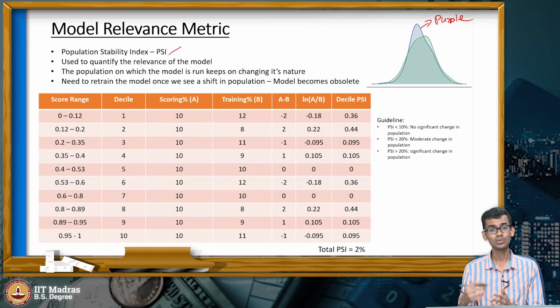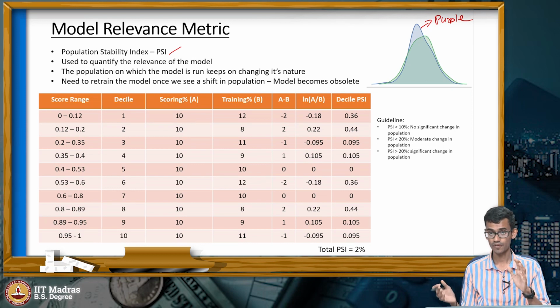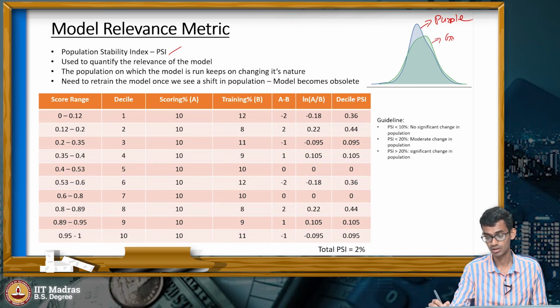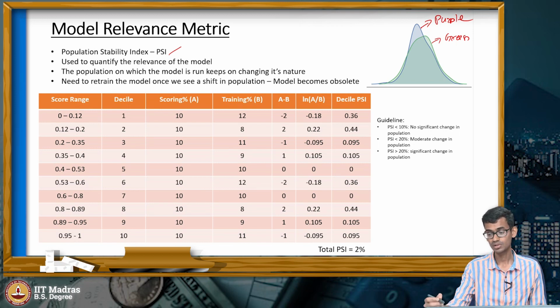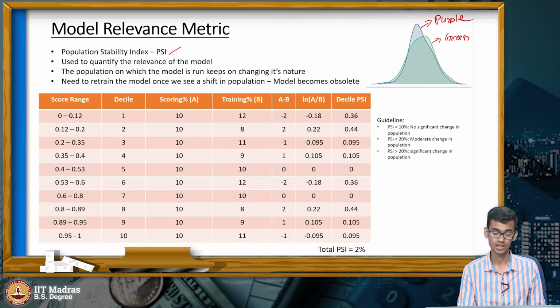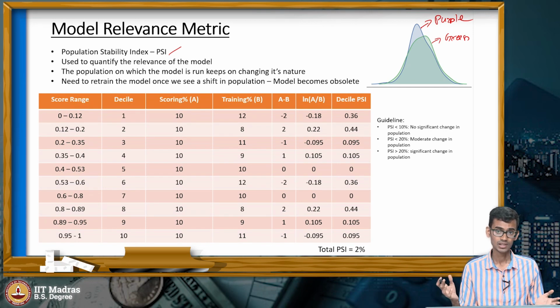Okay, and you took the data from say December 2020, and tried to find out the scores of the model and plot a distribution of it, and that is what is given by this green distribution that we have. So now your goal is to see how similar or dissimilar these two distributions are, and that is where we use the population stability index.